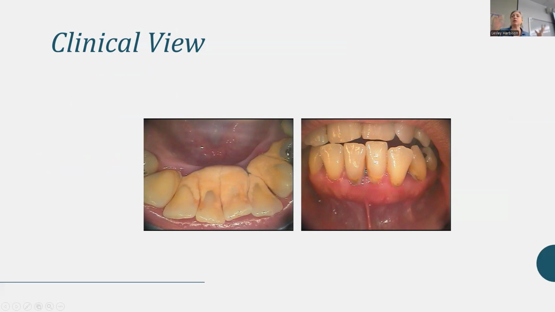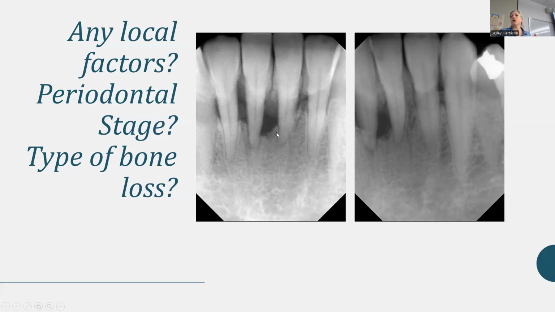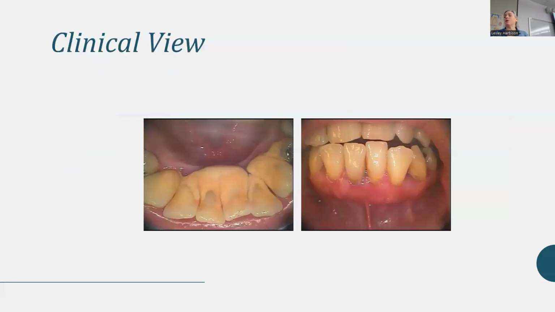The calculus is like splinting the teeth. And so when you go to remove it and the teeth are hanging on by the root tips, they're going to be incredibly mobile. Now, you're not going to extract it. It's not going to be that mobile. Like people are always afraid to scale a mobile tooth because they're like, what if I pull it out? You might have to kind of stabilize it and scale it, but you're not going to extract it. It's still held in there quite fairly well. But it'll move. It would absolutely move.